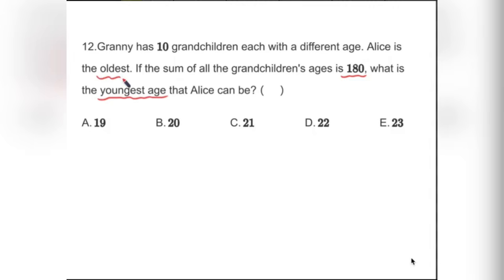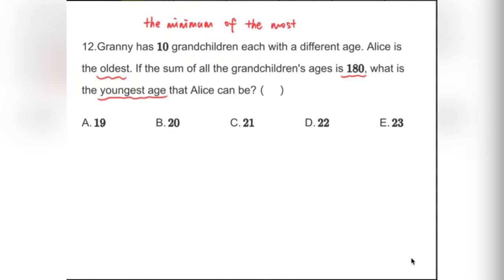Alice is the oldest one, and you try to figure out what is the youngest age of the oldest child. So actually the question is asking you what is the minimum of the maximum, right? Okay.